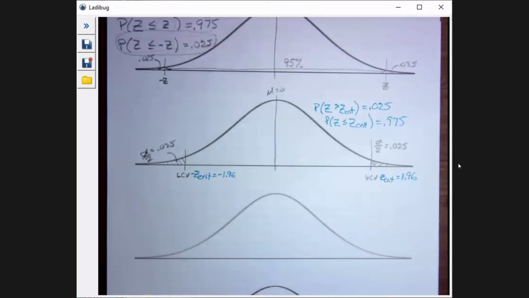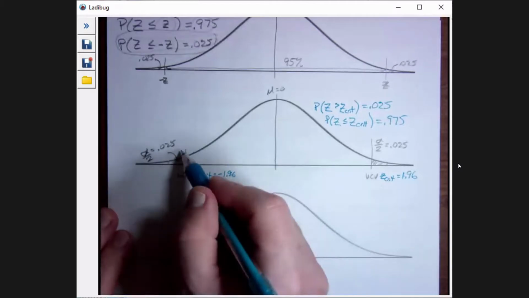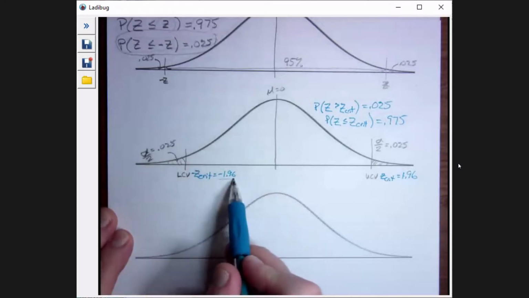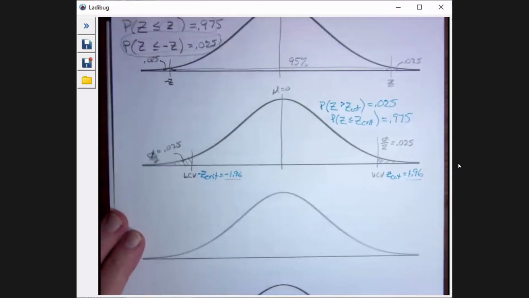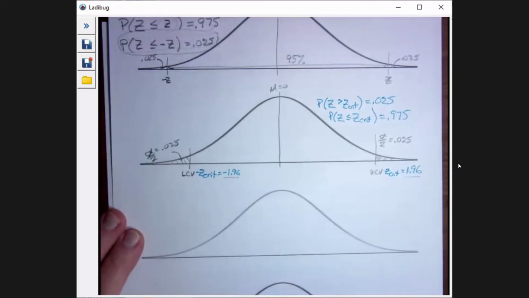Now when we compute the z value for our test statistic, we'll look to see whether it falls below that or above that. If it does, we'll reject. If it doesn't, we won't reject. Is everybody okay?